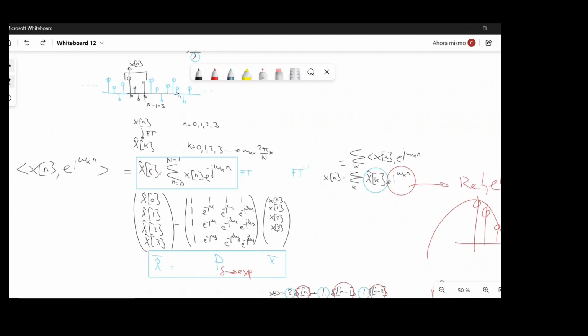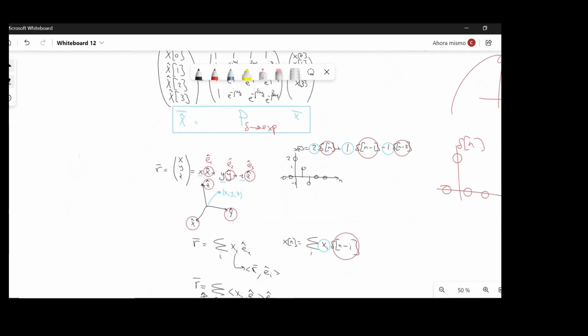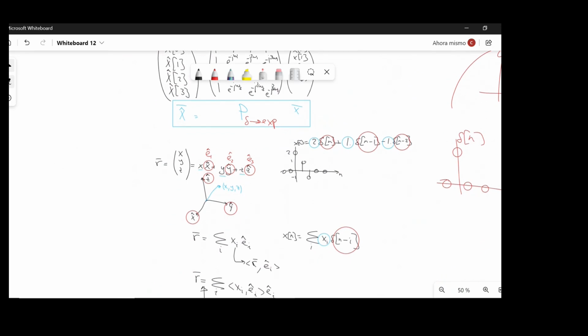It has the same structure as we had here. So for discrete valued signals, this is a very nice setup.